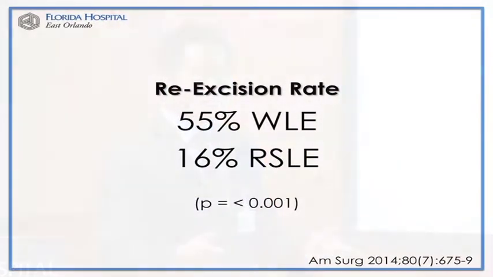We found that we were taking over half of our patients back for a second surgery using the wire. Again, we were limited by our technology, but there's something better, the radioactive seed. So we went from taking over half of our patients back for second surgery to 16% of our patients back for second surgery, and for various reasons, but less so for the fact that we didn't remove all the cancer. Kind of speaks for itself.